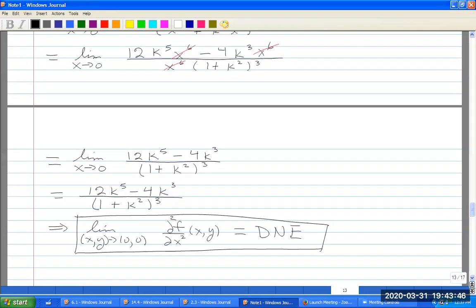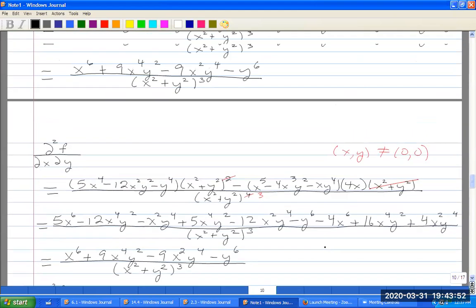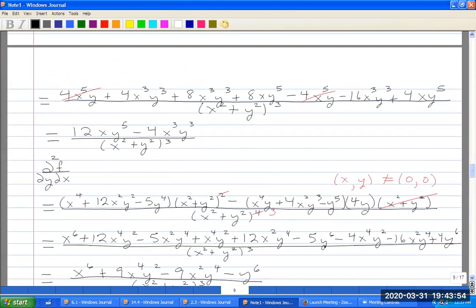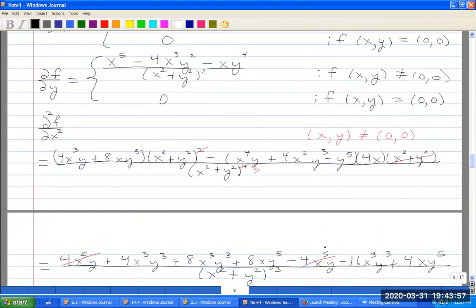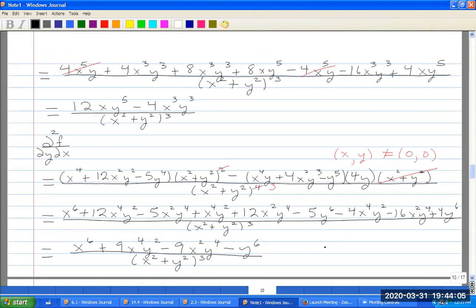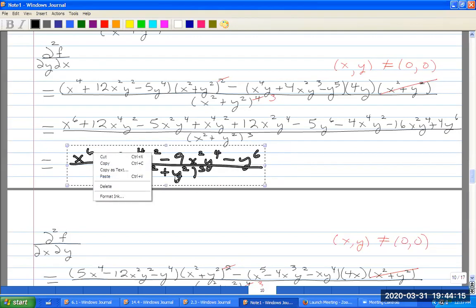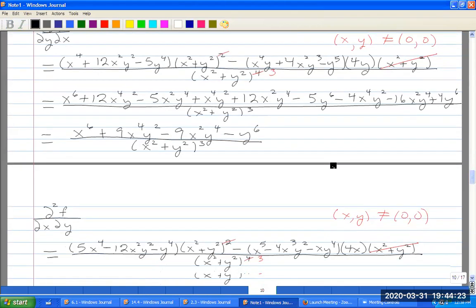Let's look at the other mixed partial. So that was the second. This one. So let's look at another mixed partial. So this is yx. So let's do yx.